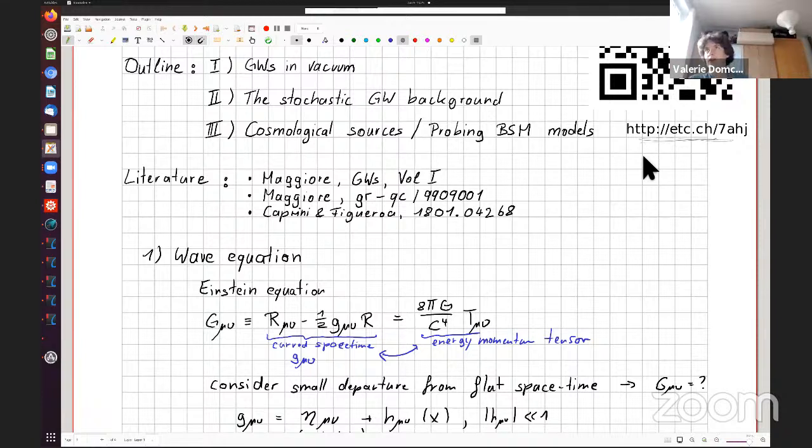So these are the types of things that people have looked at. But apart from that, the gravitational wave doesn't care much if there's a cloud of hydrogen or something in the way, it just doesn't care. That is what makes it so powerful to probe the very early universe.